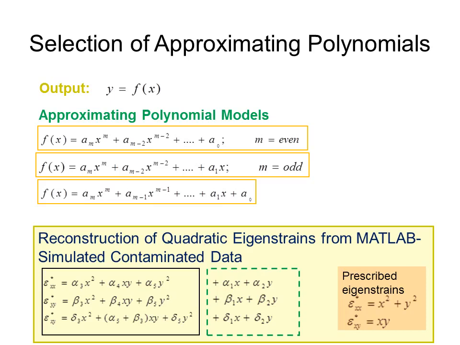So noise is in the elastic field, and then we want to estimate the eigenstrains using approximating polynomials. Ideally we will use only the even order polynomial terms, because we know that this is a quadratic eigenstrain which is prescribed. In this example we are prescribing EXX and EXY, and then we use 2 reconstruction models. One is without the linear terms, another is with the linear terms.